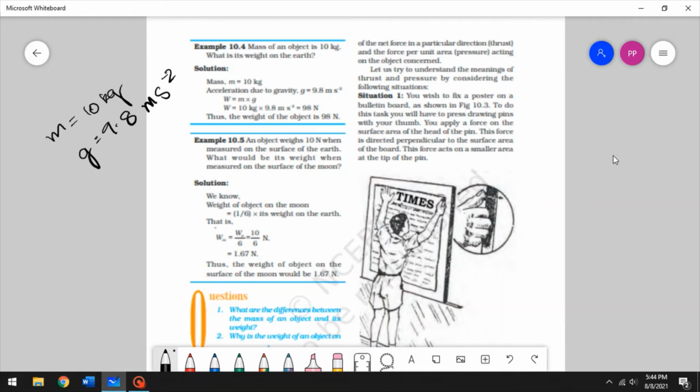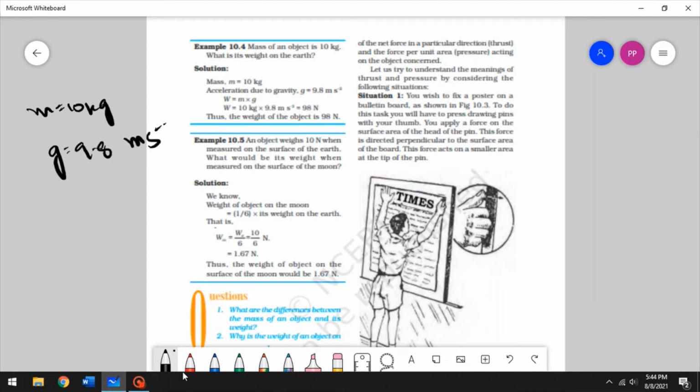Alright, so weight would be mg. Mass would be 10 kg. Acceleration due to gravity would be 9.8 meters per second square.